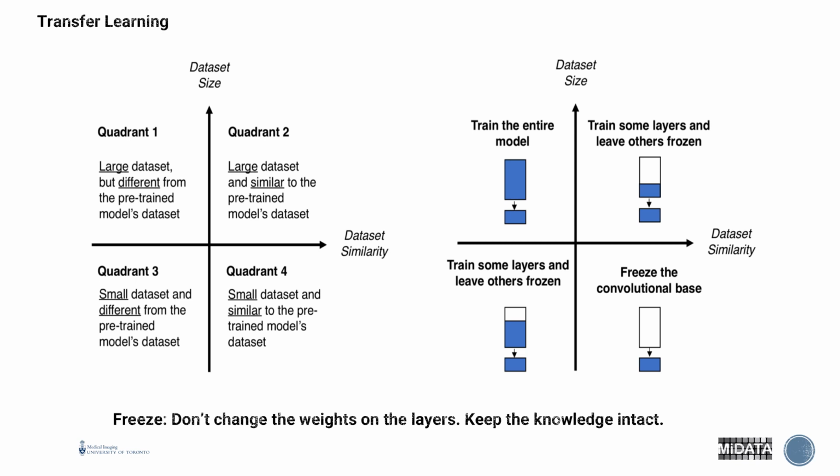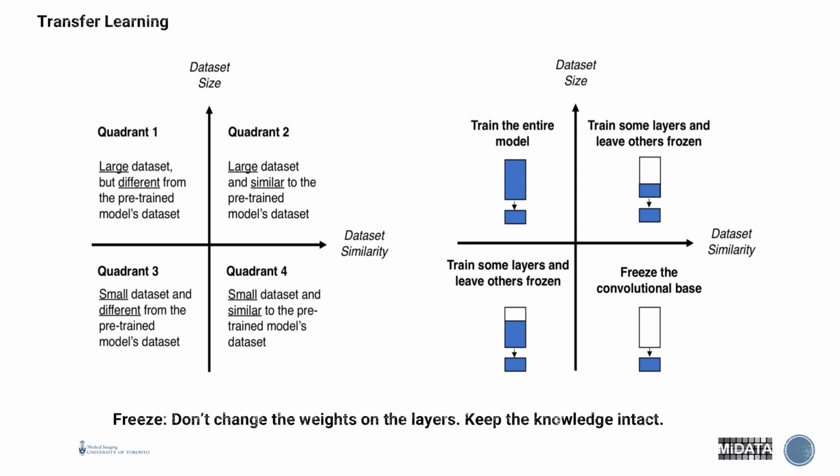This is when you retain the weights as they are on all the layers from your transfer model. That is somewhat limiting, but the good thing about this is it allows you to keep your data set small. It also needs to be similar to the pre-trained model data set, but it does allow you to have a very small data set because you don't need as much training.